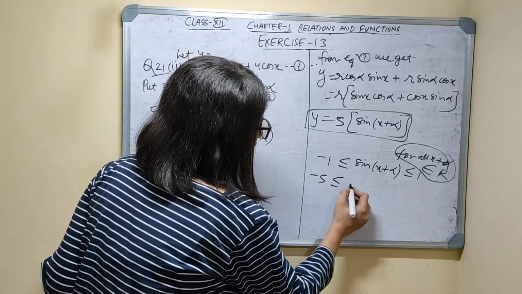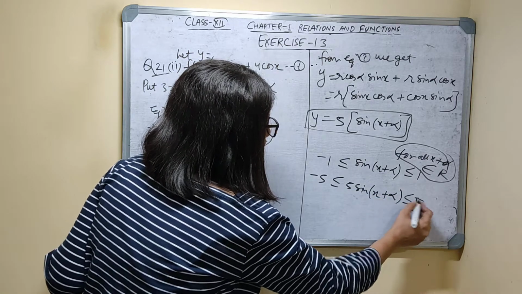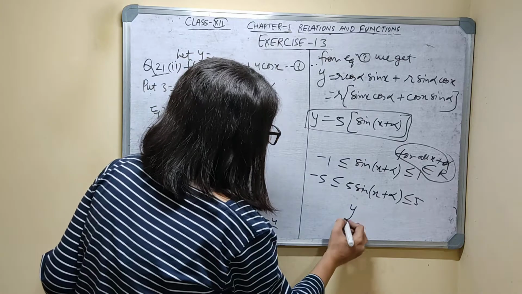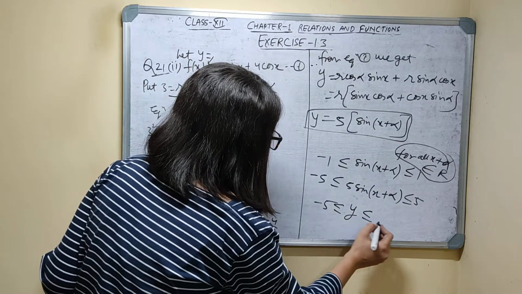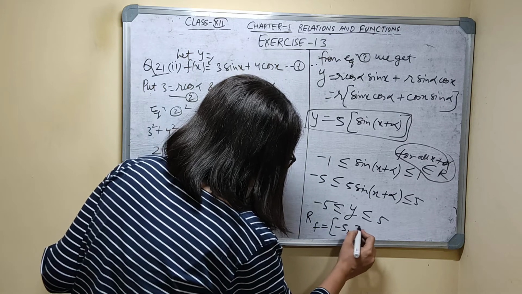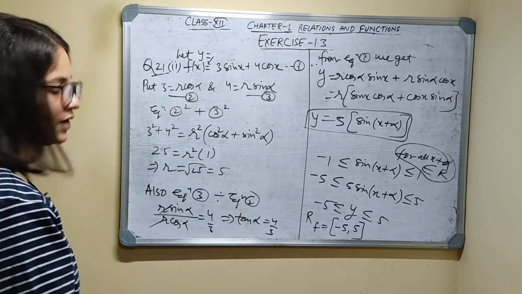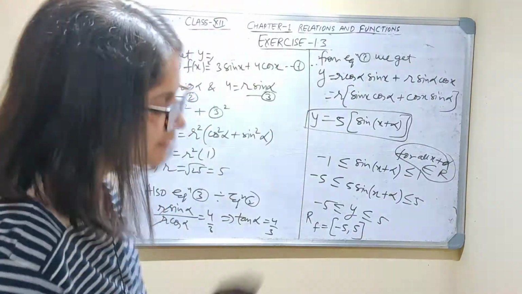So minus 5 is less than or equal to 5 sin(x + alpha), which is less than or equal to 5. So the range of the function is between minus 5 to 5. This is the range of the function. Now question number 22.